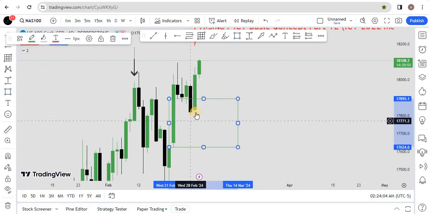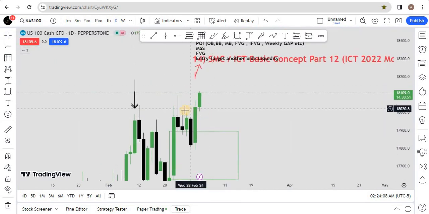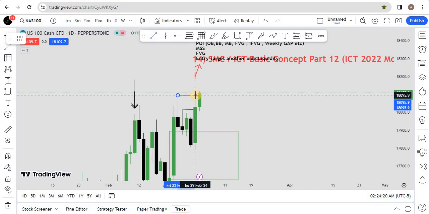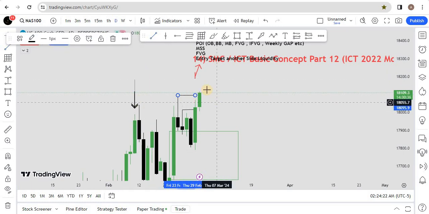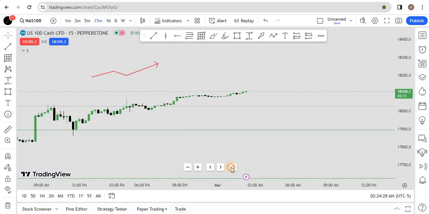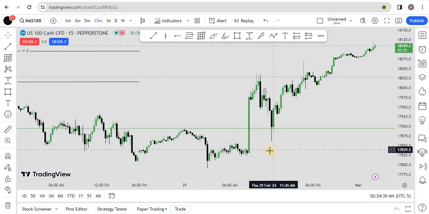Price came and gave a reaction and went to the upside. Once this happened, it took out this liquidity. We have liquidity here, and here as well. So we anticipate that today the price will be bullish.